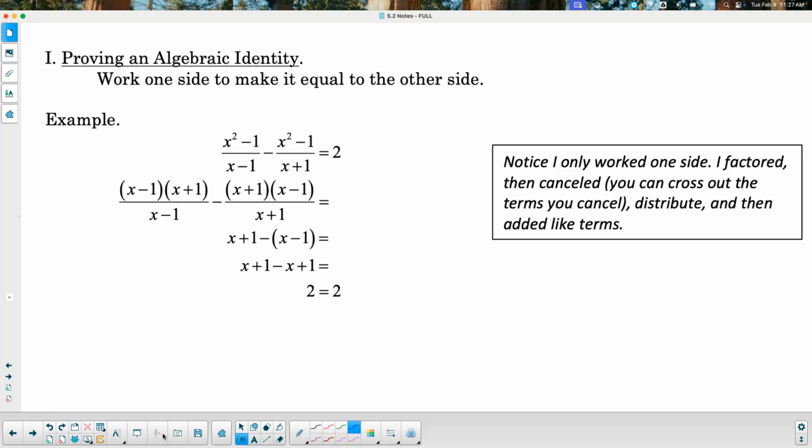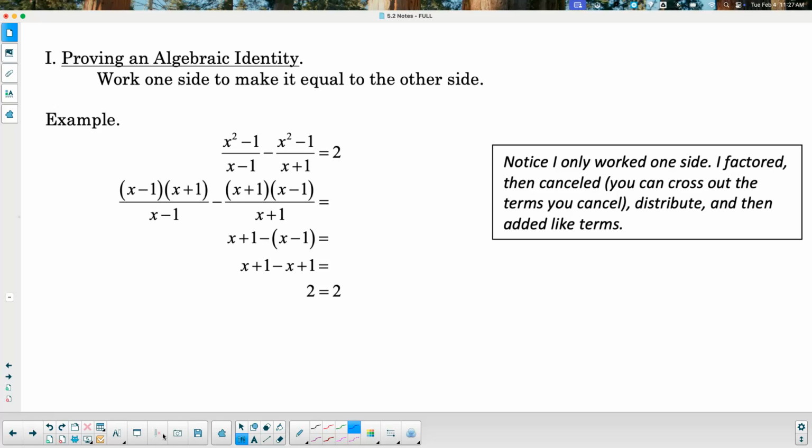Except instead of algebraic ones, we're going to have trigonometric expressions and equations and all that fun stuff. I am going to be giving you the problem. I am going to be giving you the answer. In order to get full credit for these problems, you have to show me all of that work.